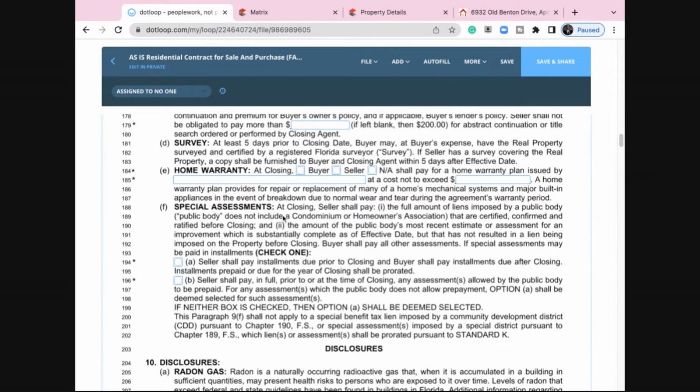Home warranty. If it's one of the older homes, you definitely want to have a home warranty. This is a great negotiating point. In most cases, if it's a brand new home, you're probably going to check no home warranty.